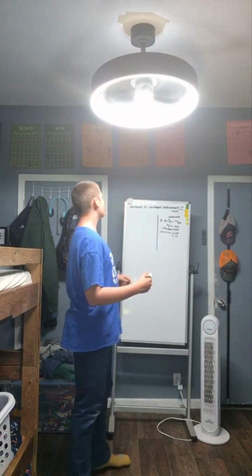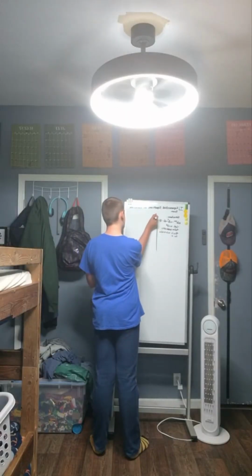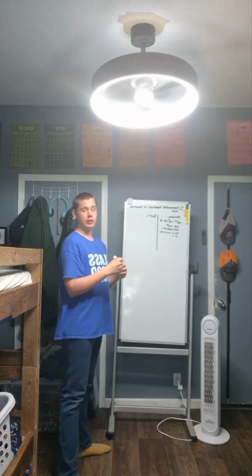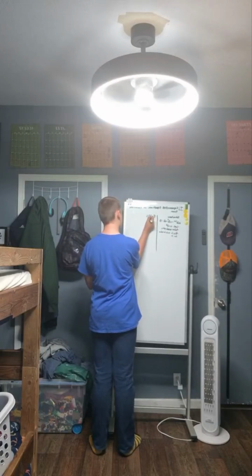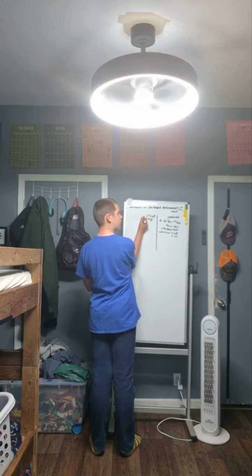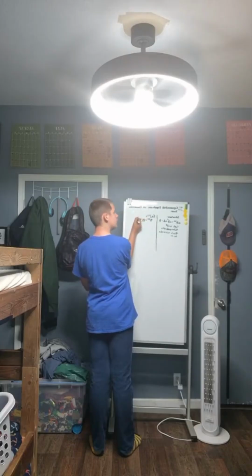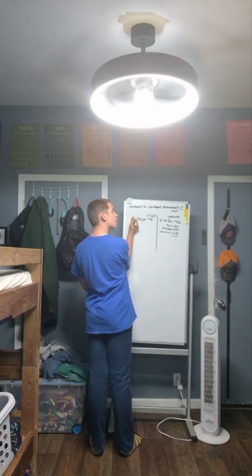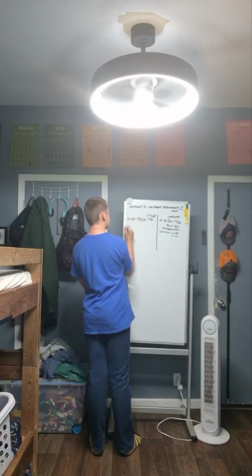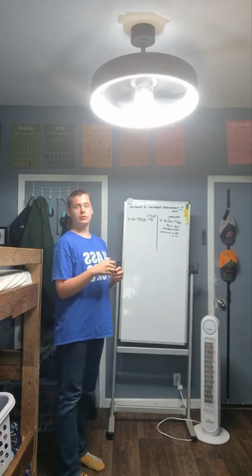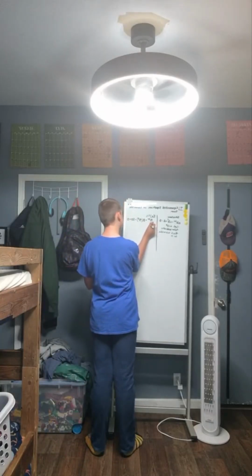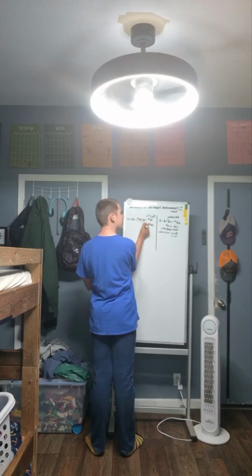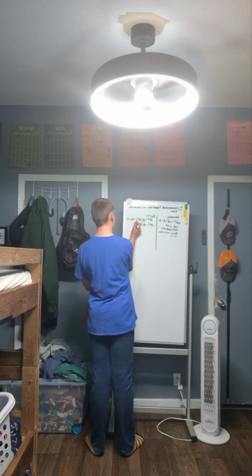Okay. So here is an example. This is example 7-1. So this is 5 to the 2x plus 8 times 5 to the x minus 20 equals 0.